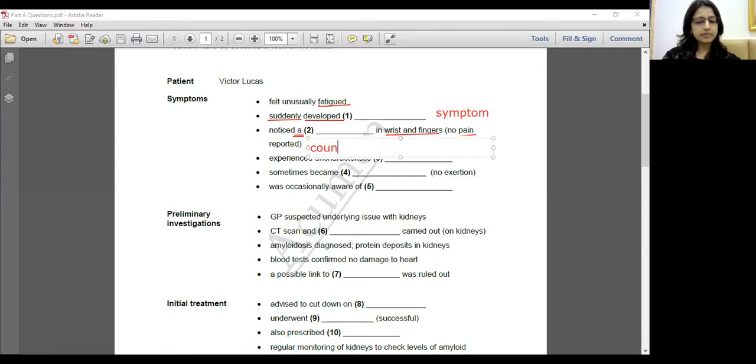Because an article is written there, it is something that can be noticed. Pain cannot be noticed. Yes, it can be felt or experienced. Then it says experienced uncharacteristic. What do you mean by uncharacteristic? Any idea? Is anyone of you familiar with this term?